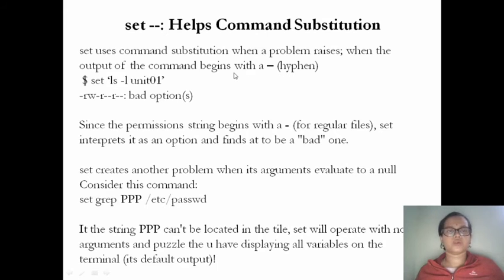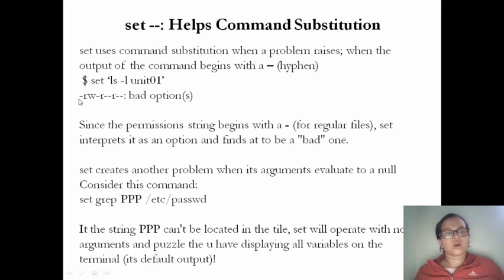After that, coming on to set --, it helps with command substitutions. Command substitution means whenever a problem arises, like when you want the output of a particular command which begins with a hyphen. For example, when you set ls -l for a particular file name, it will automatically give you a bad option.